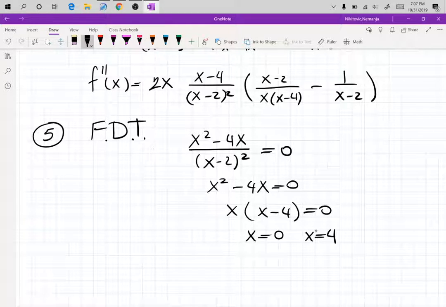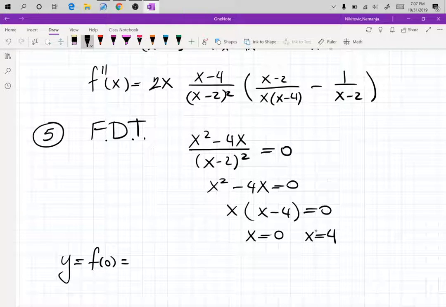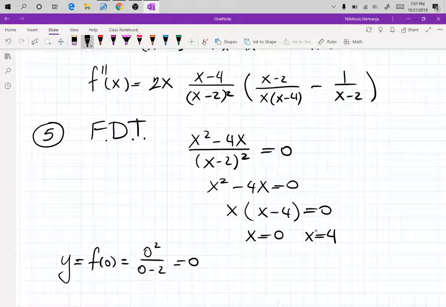We need to find y values, and these will become a min or a max eventually, right? So we need to find y values for these. So y is equal to f of 0. So we have 0 squared divided by 0 minus 2, so that's a 0.